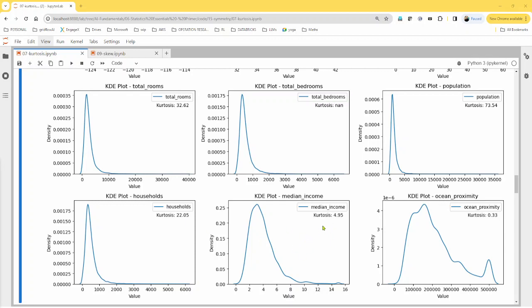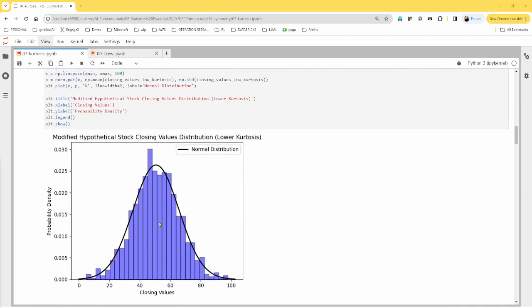These can be a topic of further inspection to find out whether they are really big enough or not. This is kind of okay. This is pretty flat at the top, so it doesn't look like it has high kurtosis.